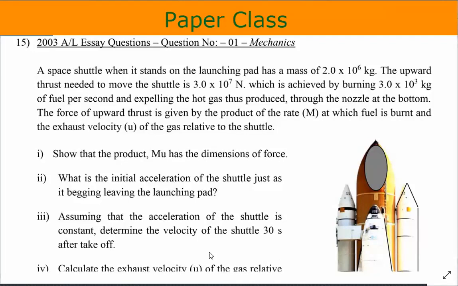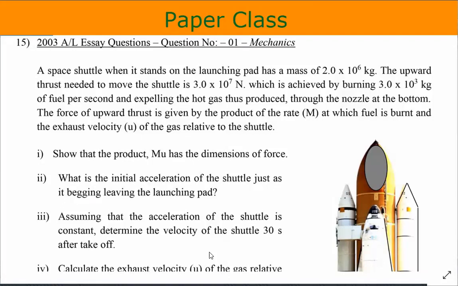A space shuttle, when it stands on the launching pad, has a mass of 2 × 10^6 kilograms. The upward thrust, which means upward force in simple words, needed to move the shuttle is 3 × 10^7 Newton, which is achieved by, there should be a comma, which is achieved by burning 3 × 10^3 kilograms, that means 3000 kilograms of fuel per second.